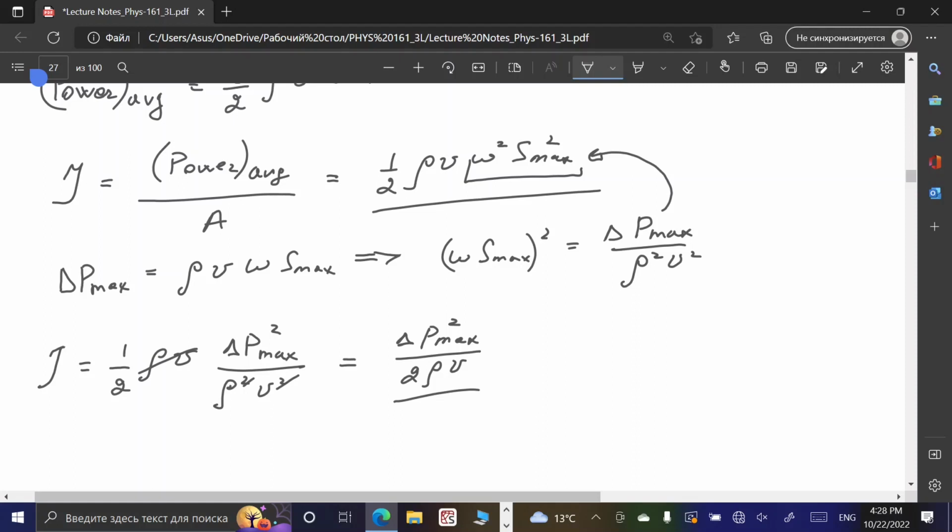However, that is a specific example. Usually we deal with point sources of sound, and then the sound waves possess spherical symmetry, so it spreads from this point source in all directions, and this factor should be taken into account.